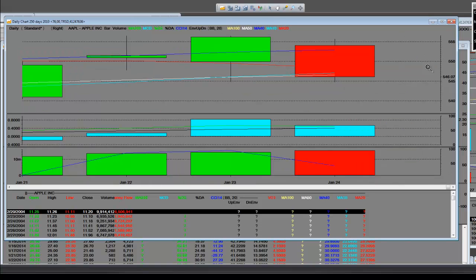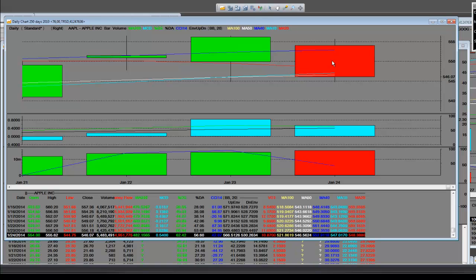But yes, we are going into the earnings with the 10-day simple moving average, and the 50-day did not completely collapse. The 20-day regained this closing level here at 546, and the 20-day simple is 548. Slightly below the 20-day.